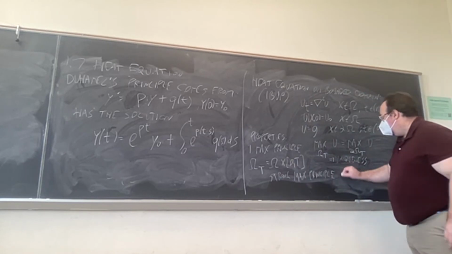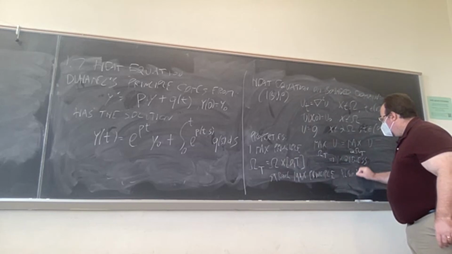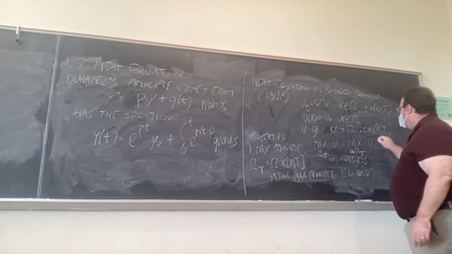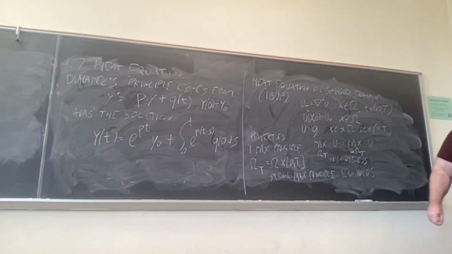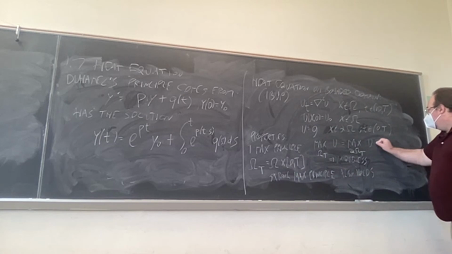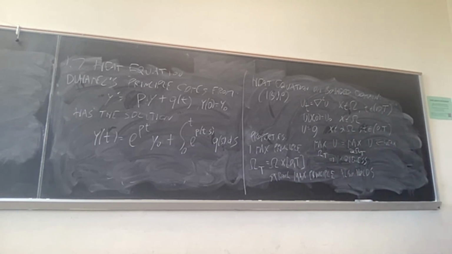That holds here as well. The domain in t is already connected, but I haven't stated that the spatial domain omega is connected. So you have a weak maximum principle regardless, but if omega is connected, you also have a strong maximum principle. I'm not going to go through details here because they work exactly the same way as in Laplace's equation.